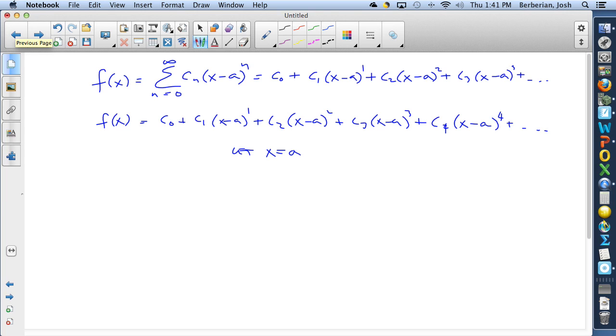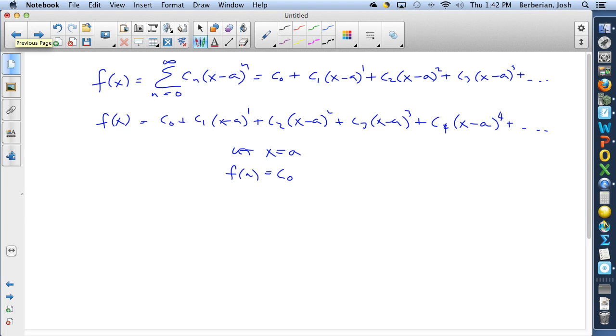I promise I'm going to summarize it very nicely. So if I let x equal a, what does the left-hand side become? f of a. What does the right-hand side become? Just C0.